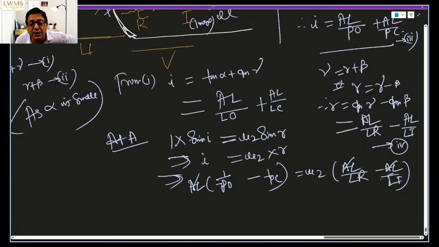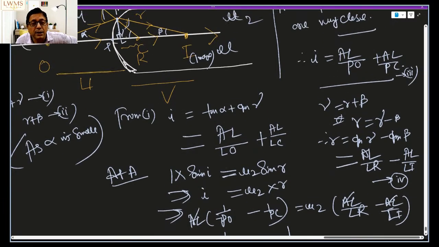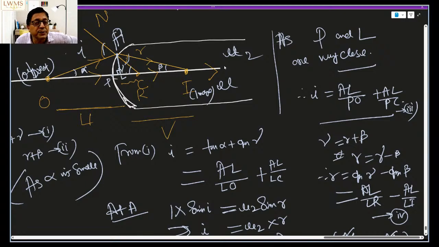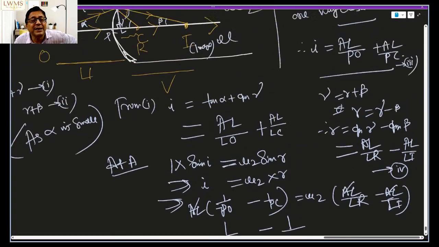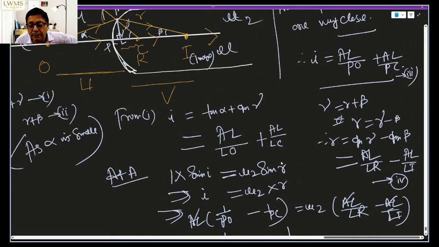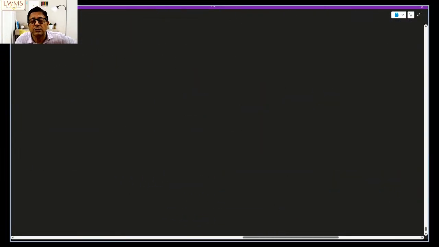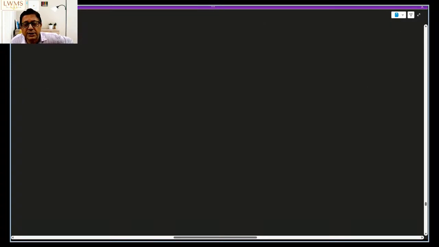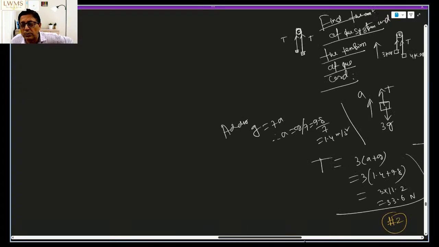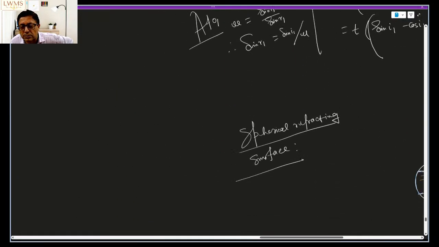What about PO in the diagram? PO is along the direction of light, positive. PC is what? No, I have written wrong. PO means O is the object, so it will be P2O.